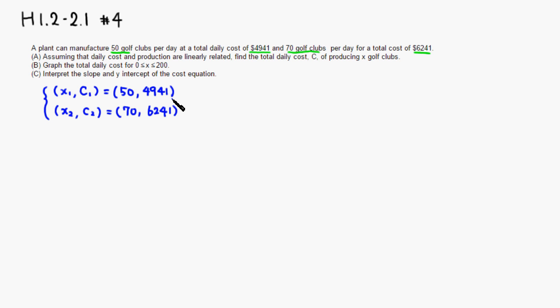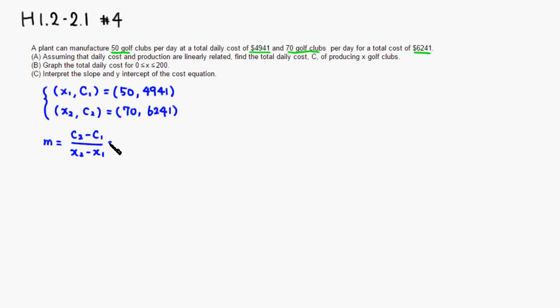All right, then we can find the slope using the slope formula. So let's do that. So I'm going to say M is equal to, so instead of Y, we're using C, so C2 minus C1 over X2 minus X1.